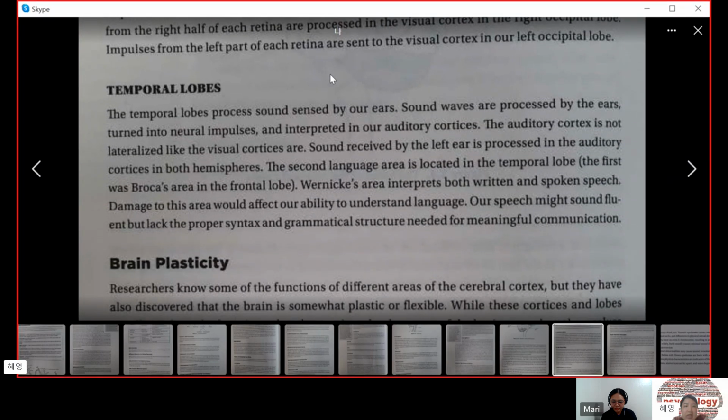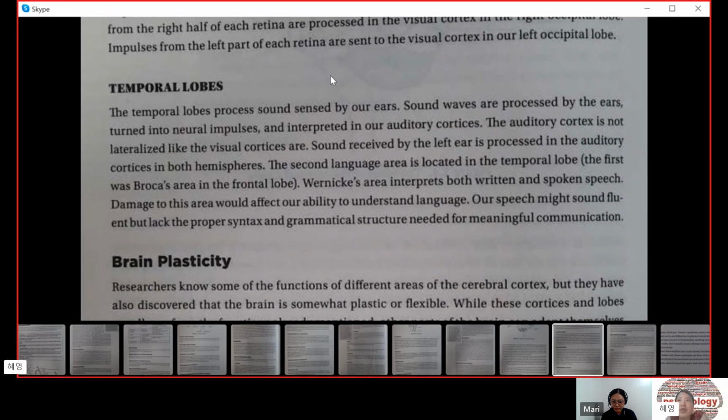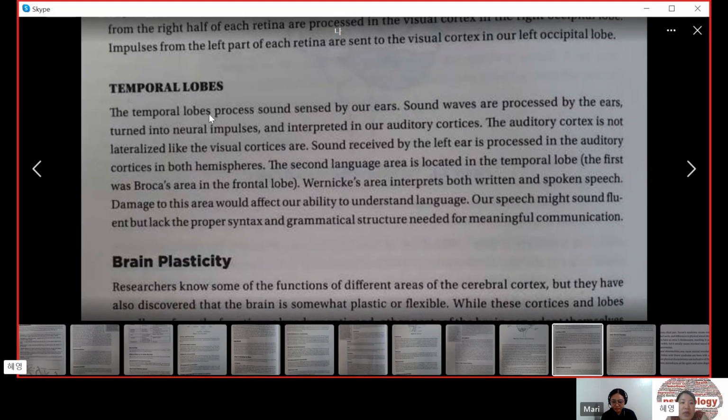And next part is temporal lobes. The temporal lobes surface sound sensed by our ears. So sound waves are processed by the ears, turned into neural impulses, and interpreted in our auditory cortices.